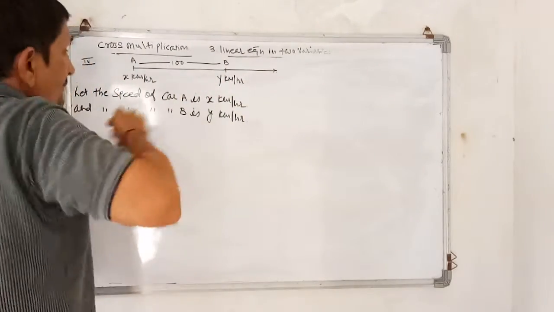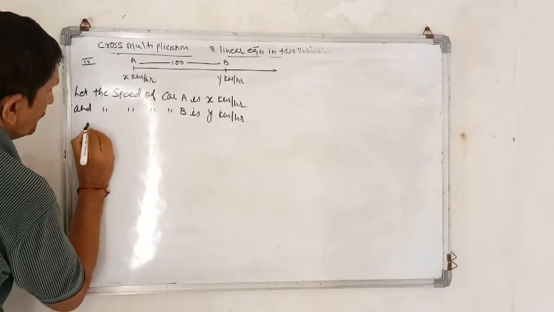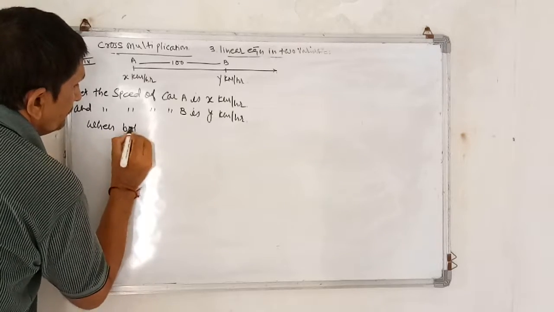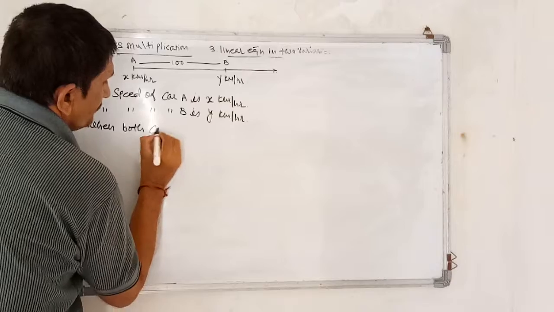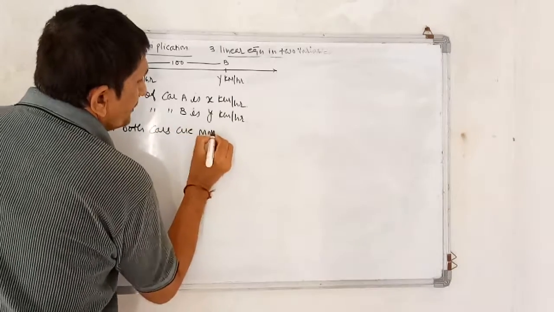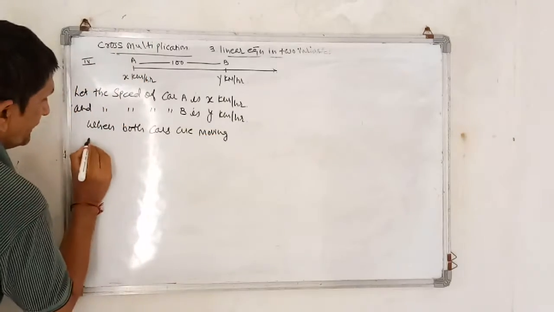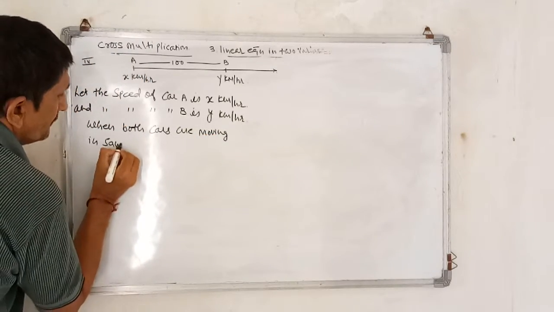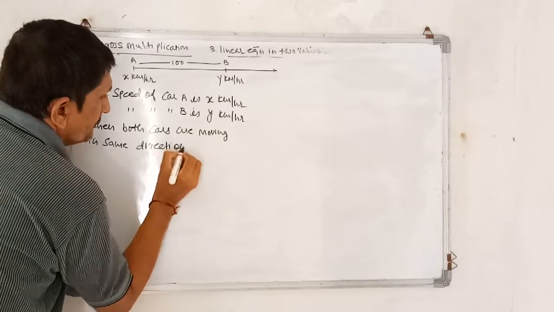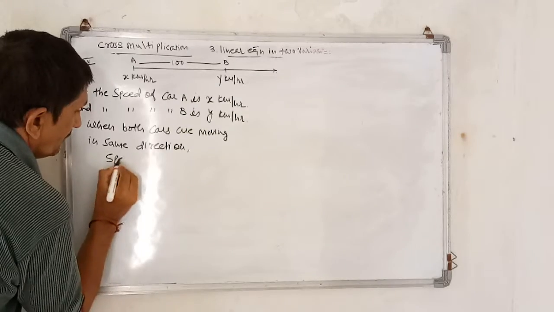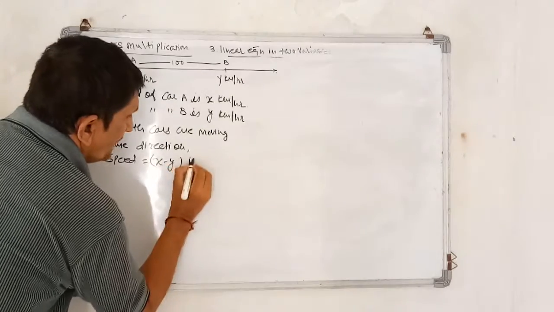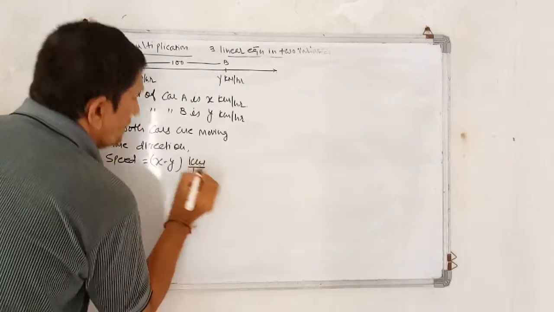So when both cars are moving in the same direction, speed is equal to x minus y kilometer per hour.